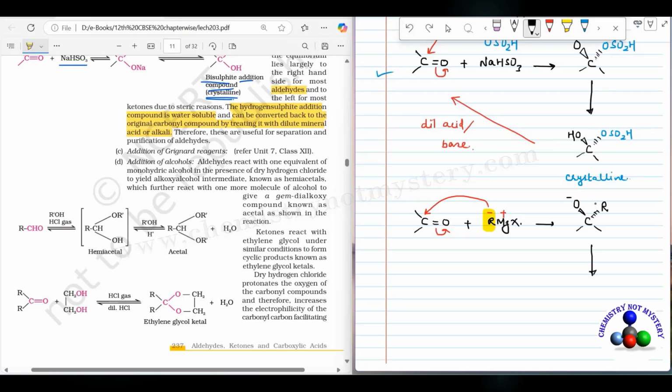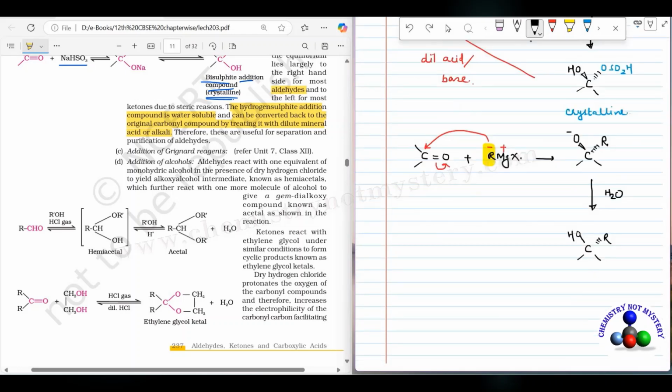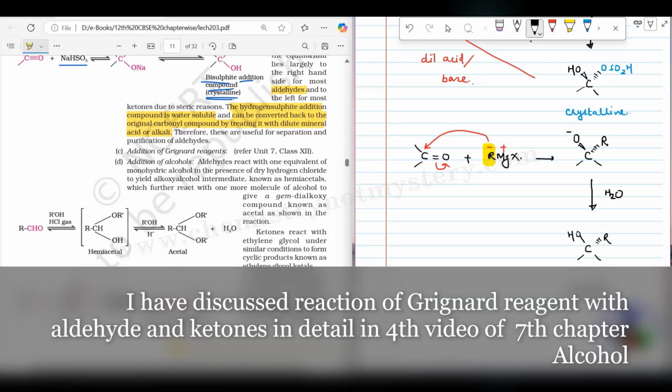So after the workup, with water, you will get C-OH and here this is R. So by the addition of Grignard reagent to carbonyl carbon, you will get alcohol. This alcohol may be primary, secondary or tertiary depending on the carbonyl group, whether it is formaldehyde, aldehyde or ketone. We have discussed this reaction in detail in the previous chapter.